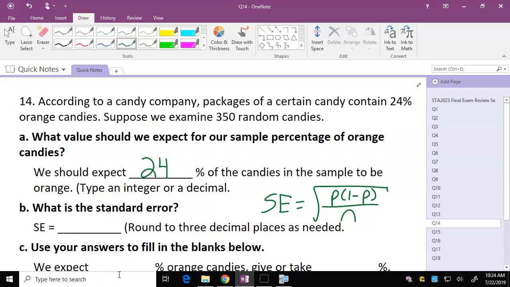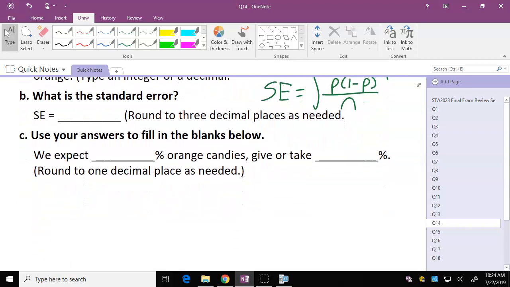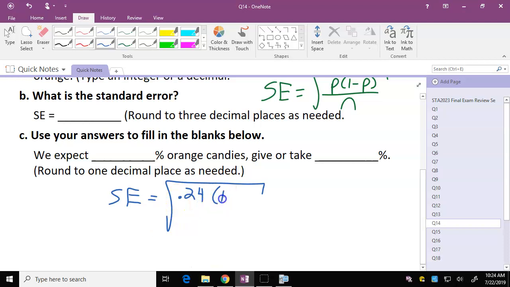Okay? So now we're going to find our standard error. We just apply our formula. But again, we can't use the percentage. What do we got to use? The decimal. So you're going to your calculator, and what are we putting in for P? 0.24, 1 minus 0.24, all divided by, what is our N? 350, yeah.